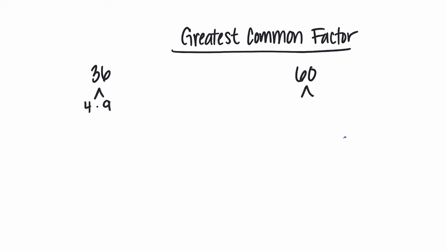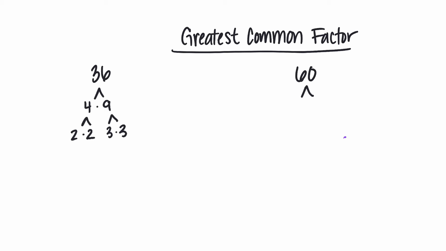But 4 is not prime and neither is 9 because I can decompose them into smaller numbers. So I'm going to do that. 4, I know, is also the same as 2 times 2. 2 is prime because all I can use to make 2 is 1 and 2. So that's good. Now I'm going to look at this 9 here, and I need to decompose this to 3 times 3. That's also prime, so we're good.